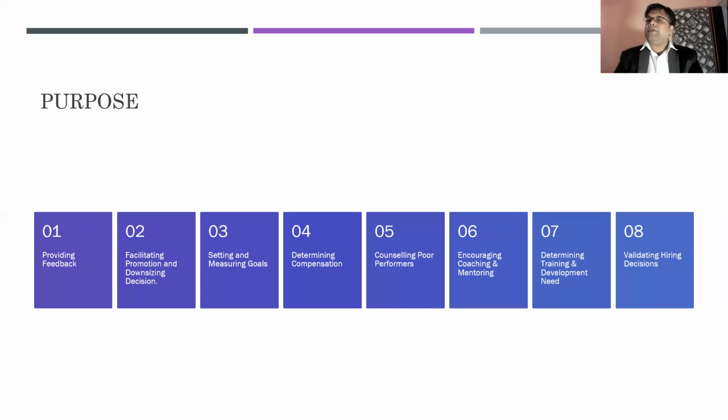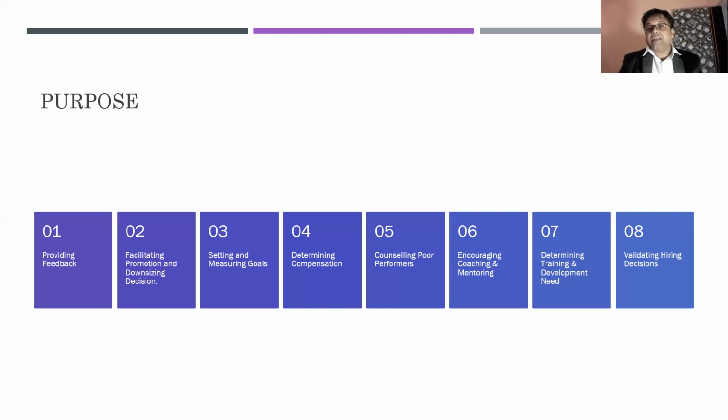So in spite of having very good presentation and communication skills, he is not able to present the data appropriately. What is the reason? Because he has a poor data analysis skill. So training on data analysis based on Microsoft Excel or any other tools needs to be given. This is training and development need identification. Which employee requires what kind of training can easily be understood from this performance appraisal feedback. So that's why it is important.